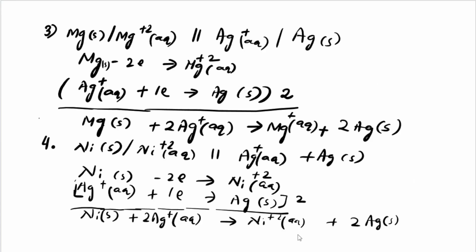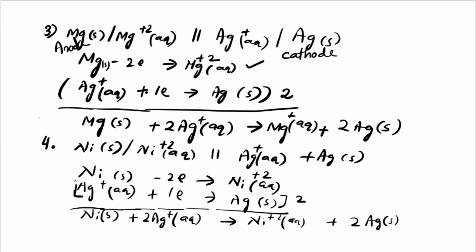Then example 3: magnesium, this side is the anode, and this is the cathode. In this cell representation magnesium loses electrons to give Mg+2, whereas silver gains electrons, Ag+ gaining 1 electron.